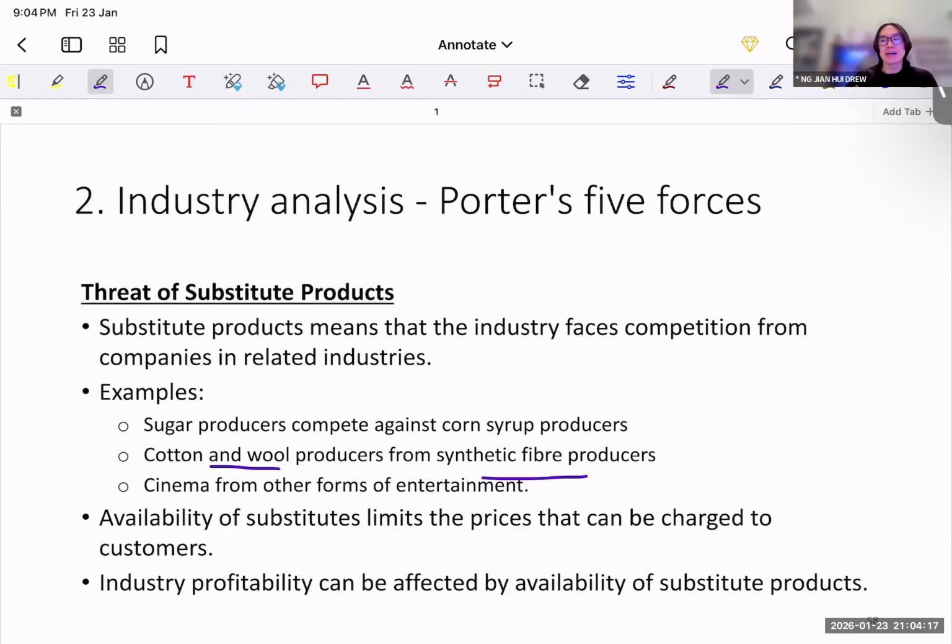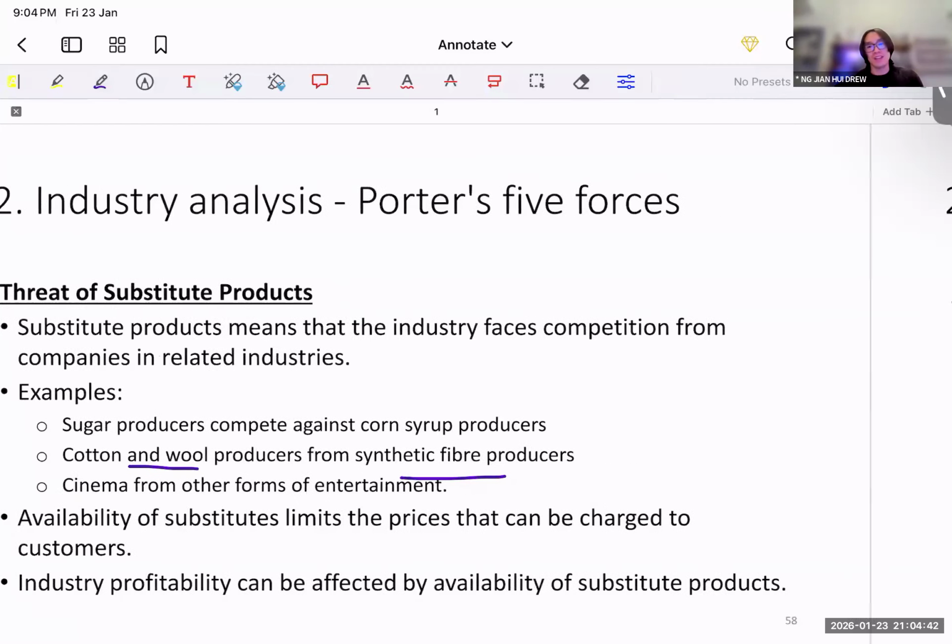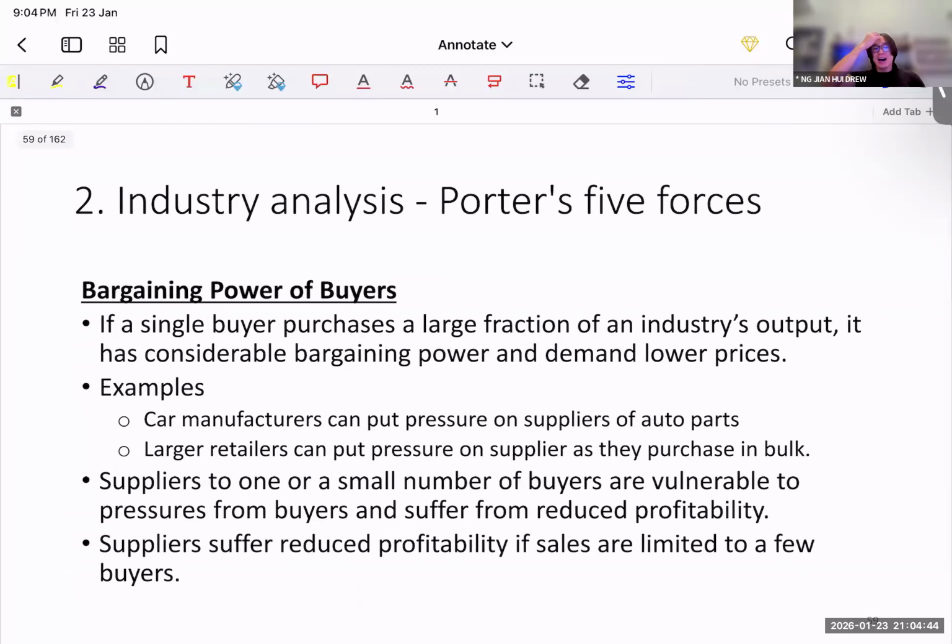Linen is a more natural material compared to cotton, and people increasingly prefer linen over cotton, so linen becomes a substitute for cotton t-shirts and cotton products. So this is a good example of substitutes as well. Last but not least, we can think of cinemas versus streaming, so your Netflix versus your Golden Village.